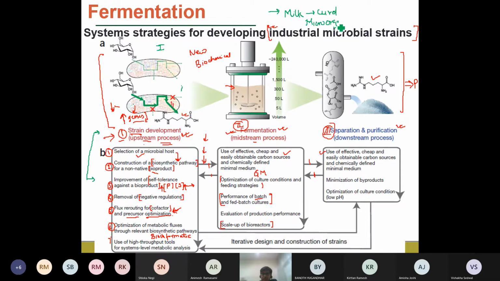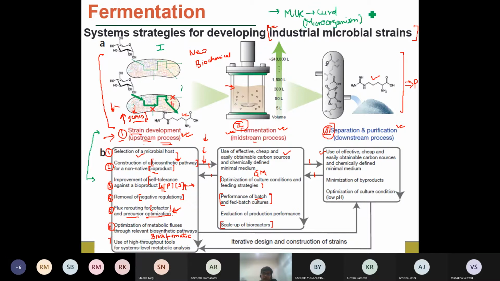Those microorganisms generally release some sort of lactic acids, which convert, for example, the milk to curd, or milk to cheese or any other milk based products. So there is a mixture of microorganisms which are being used to convert the milk into different products.